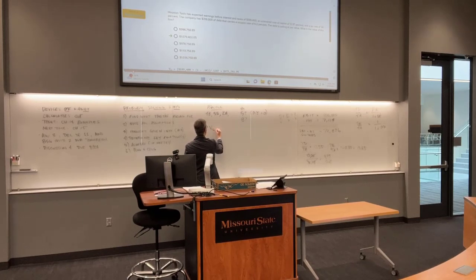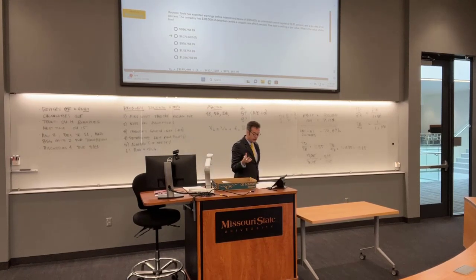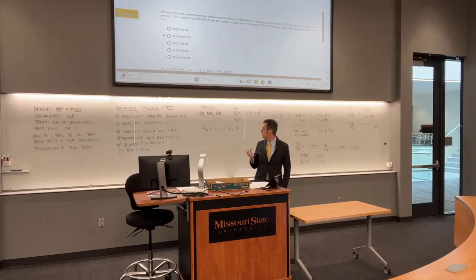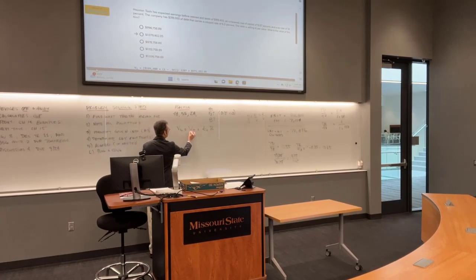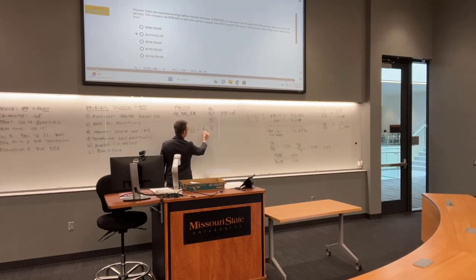So the value of the levered firm is equal to the value of the unlevered firm plus T sub C times B. Do you guys see that anywhere on your formula sheet? Okay, so now what we need to do is figure out what is the value of the unlevered firm and then this stuff here.